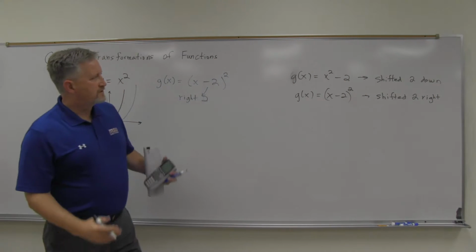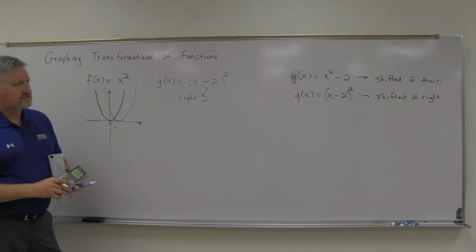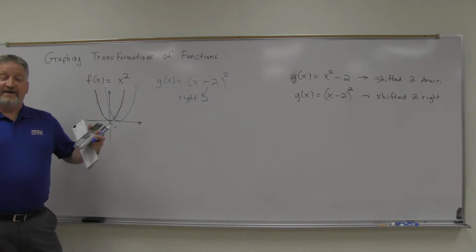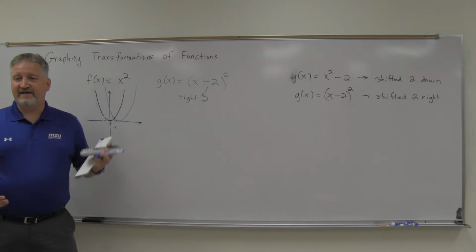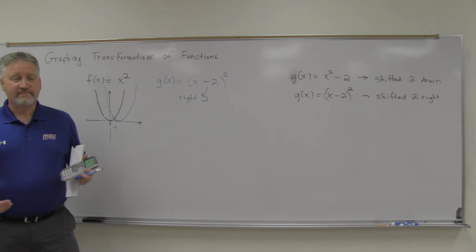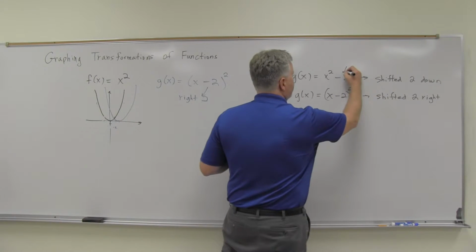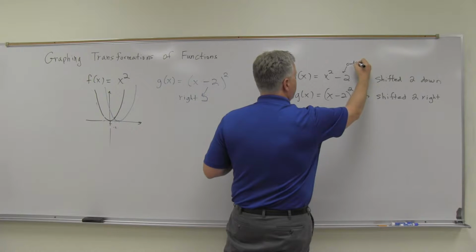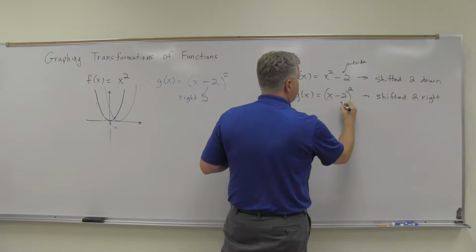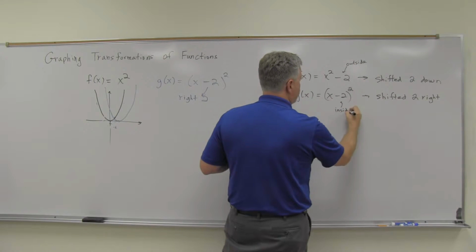So what's the difference? How can we make the distinction? The way I distinguish it is it's an inside and outside thing. Here I've got minus 2 on the outside, whereas here I've got minus 2 on the inside.